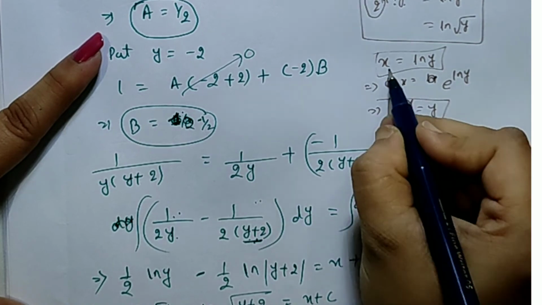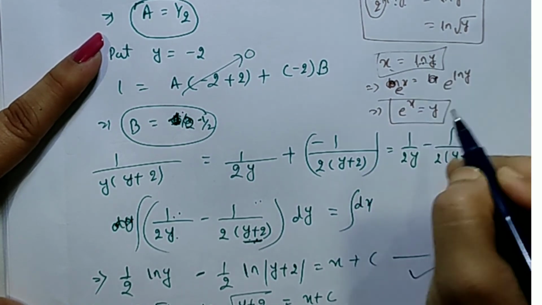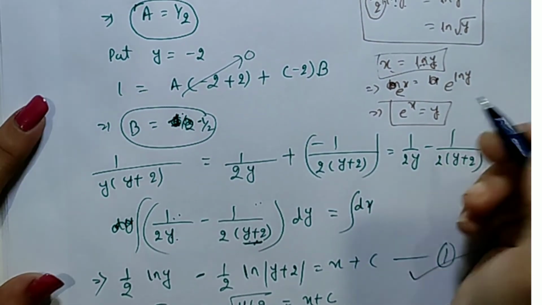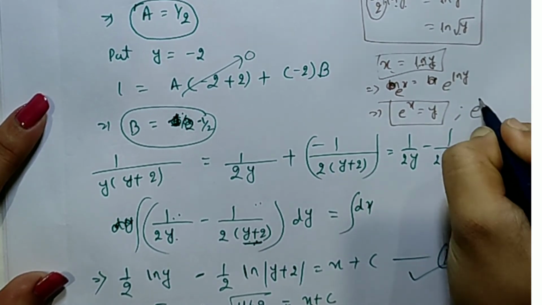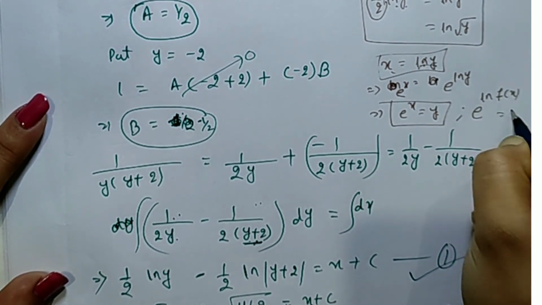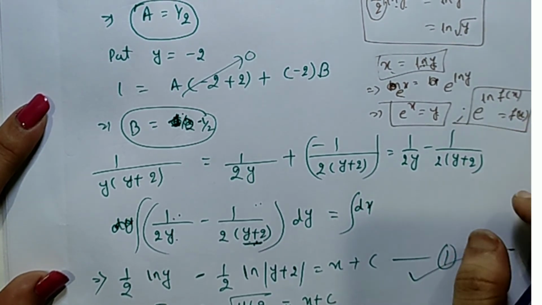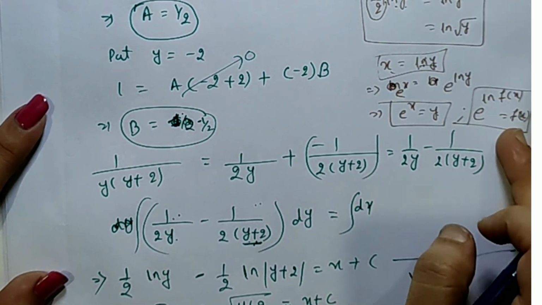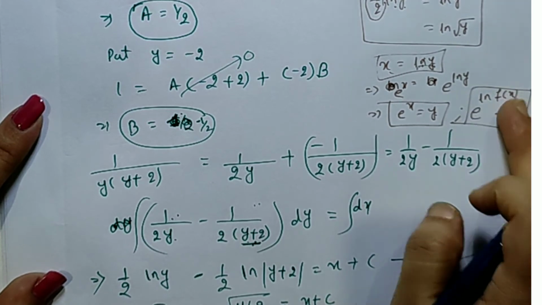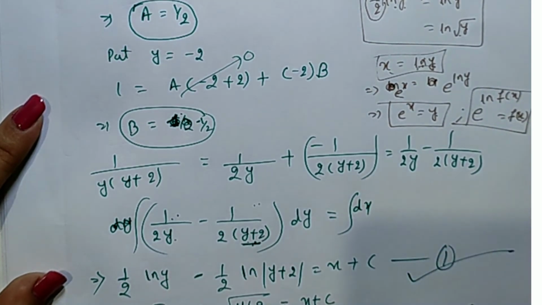So x is equal to ln y means y is equal to e power x, because e power ln f of x is equal to f of x. We know this formula already. I have already told you in previous lessons. This we can write as e power ln f of x is equal to f of x.